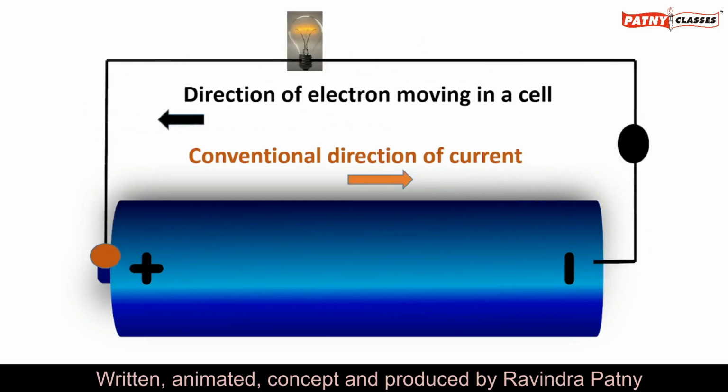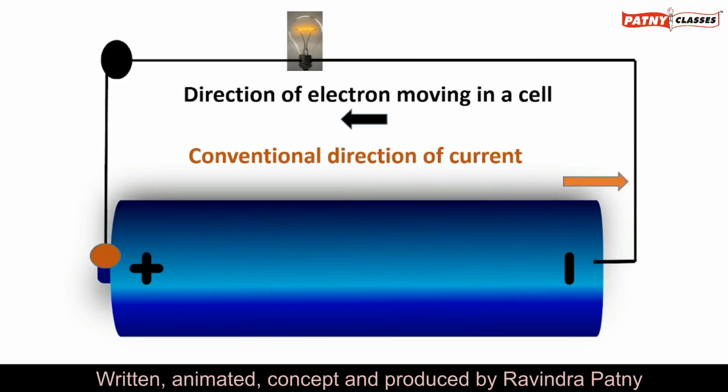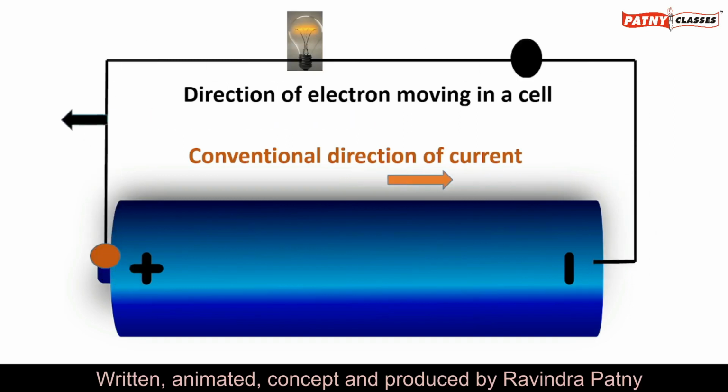The direction opposite to the flow of electrons is called the conventional direction of current. I repeat, the direction opposite to the flow of electrons is called conventional direction of current. For all practical purposes, the direction of current flow is considered from higher potential to lower potential. I hope you got it.